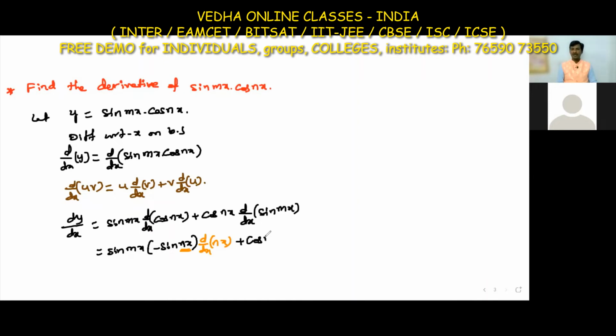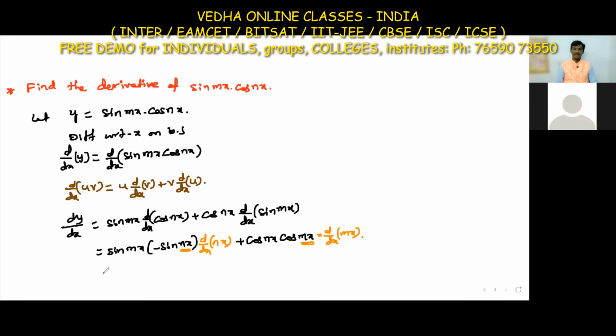And then cos nx as it is, and sine mx derivative, d by dx of sine function is cos, so cos mx, but in place of x we have mx, so internal derivative, chain rule. In place of x, if we have some other function, differentiate that function again. So we are differentiating nx here, and in the second term we are differentiating mx.